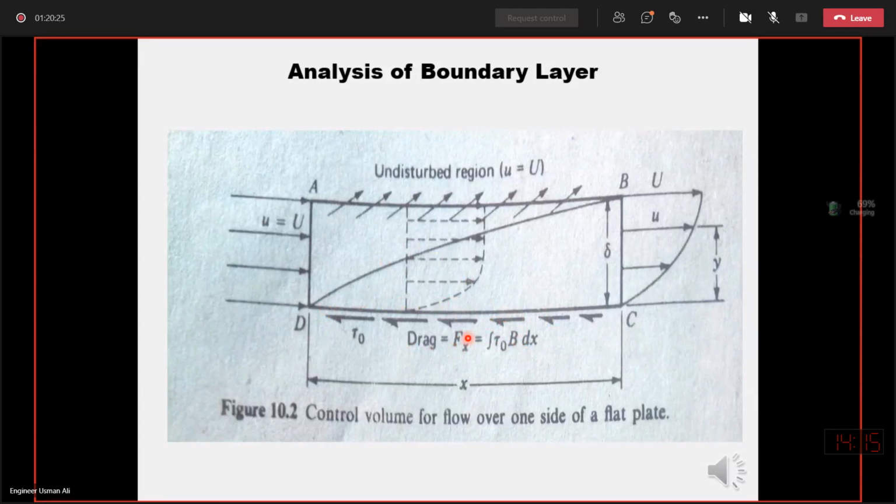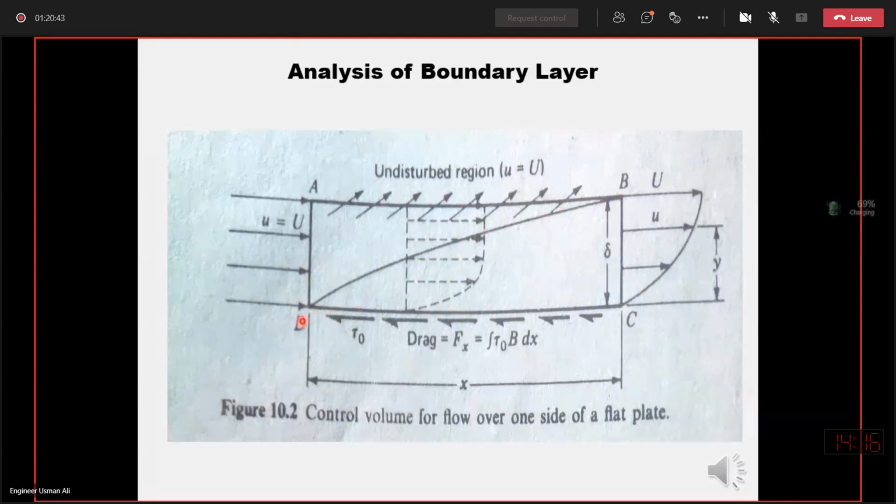Now, what happens when the fluid starts flowing over the surface of the plate? As already mentioned, this fluid will be divided into two main portions. One is the boundary layer, which is indicated by this curved line up to the trailing edge. This plate has two edges.